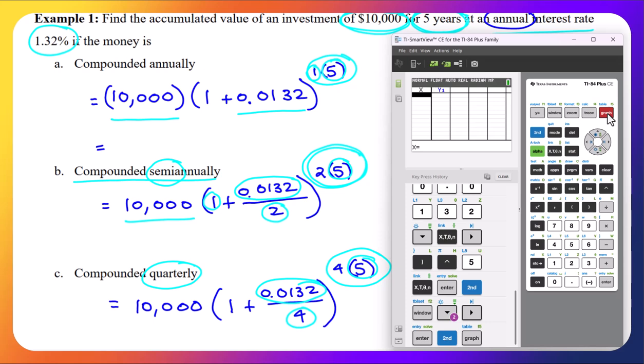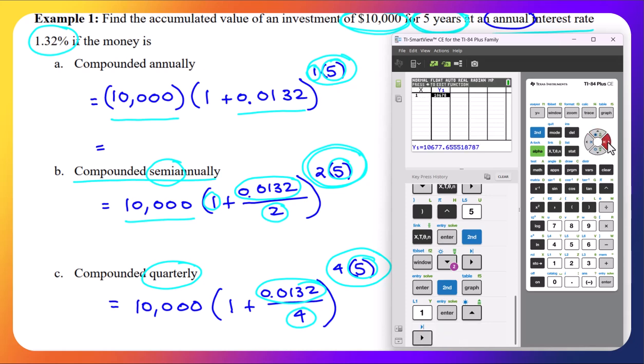And it's blank. Well, in the first case, x or n, the number of times I do the interest rate is 1. So if I type 1, it's asking me for the x value, but it's automatically going to give me the y value. Now if I go up and to the right and go on it, do you see that there's more to the answer than what shows up on the table?